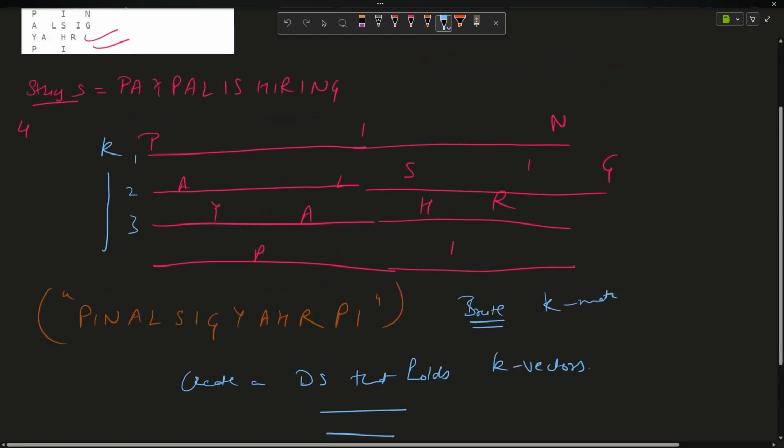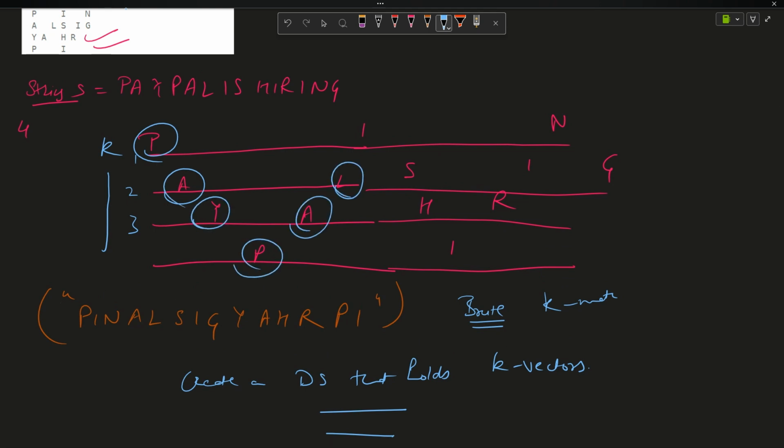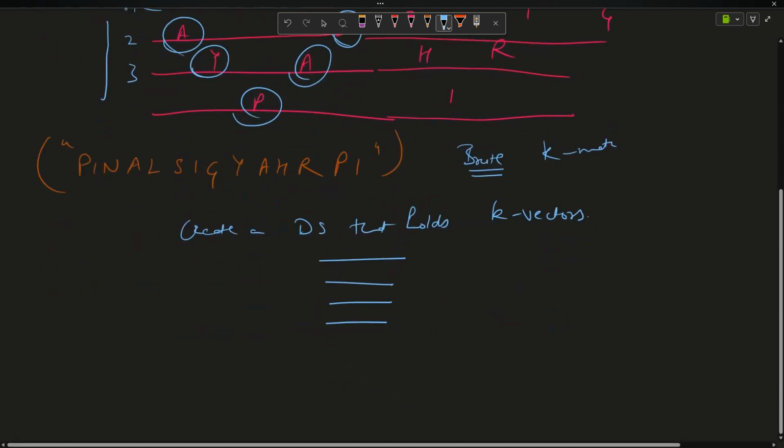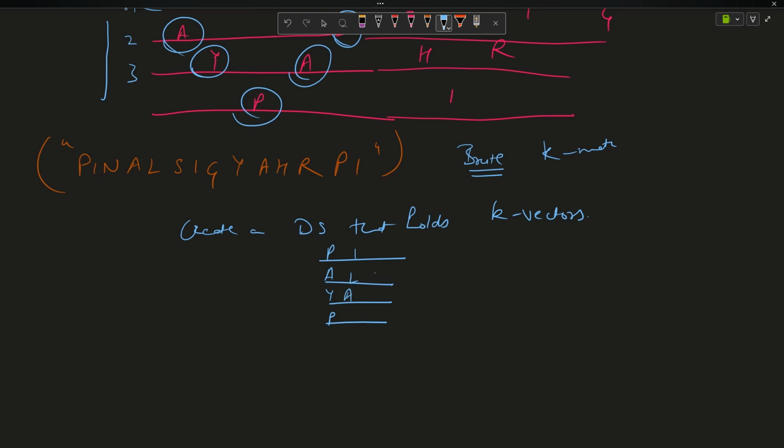That is, go from here, then here, then here, then here, up till here, then start traversing upward and put those values in the respective vectors. The vectors will look something like P A, Y P A L, I S H I R I, N G, right? And then concatenate all the strings in the vectors together.